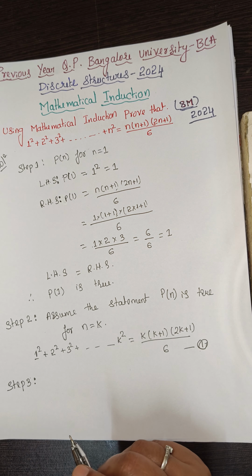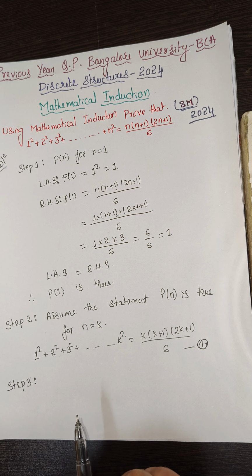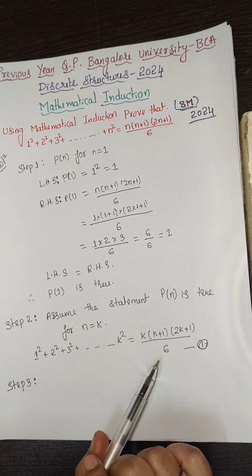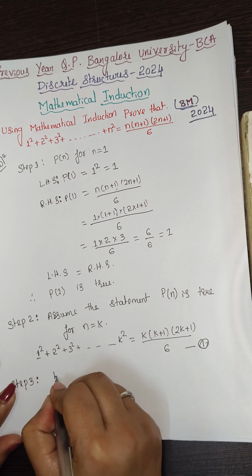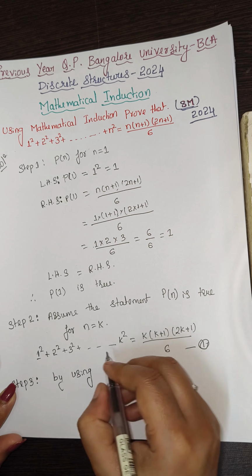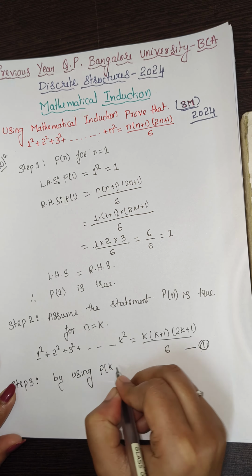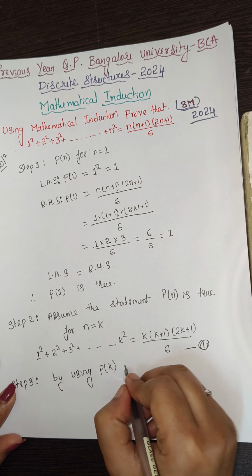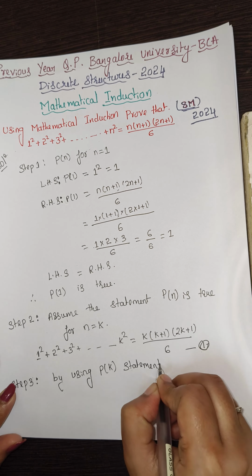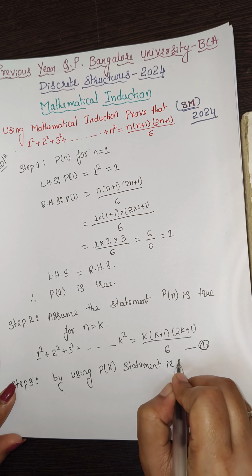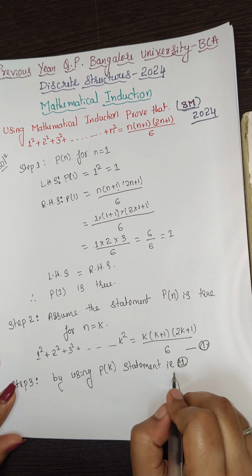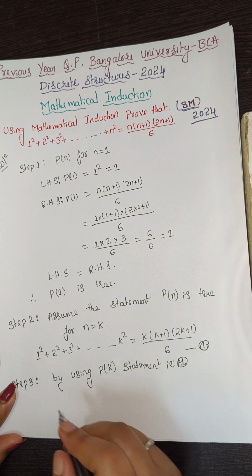What we will do here is prove that P of k plus 1 is true using P of k, using the first equation. By using the P of k statement, P of k statement means equation 1 only. That is equation 1. For your understanding, that is 1.